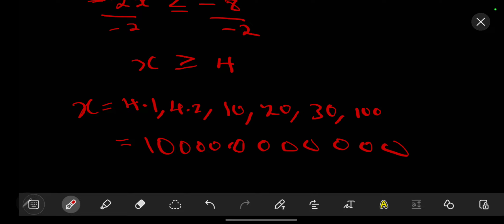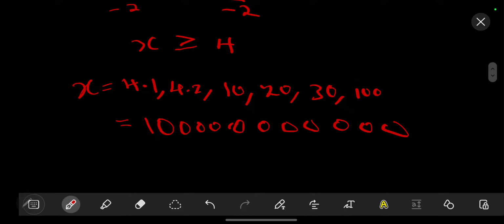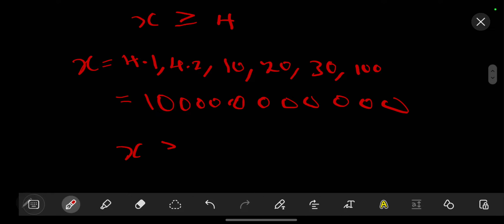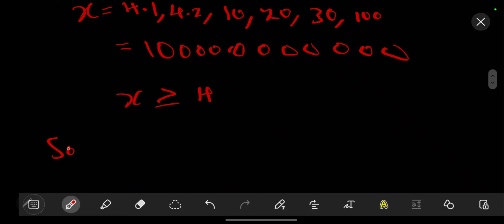So now, due to this, we can come up with an interval. If we are saying that x should be greater than or equal to 4, in terms of our solution set, since 4 is the lowest value, x could be greater than or equal to 4.